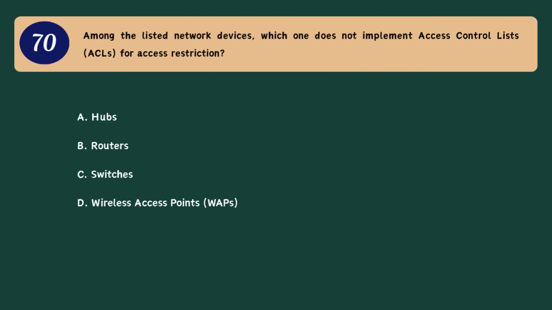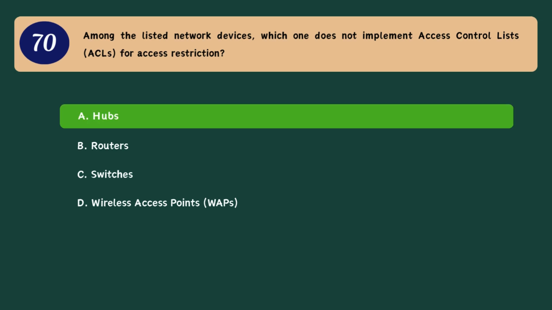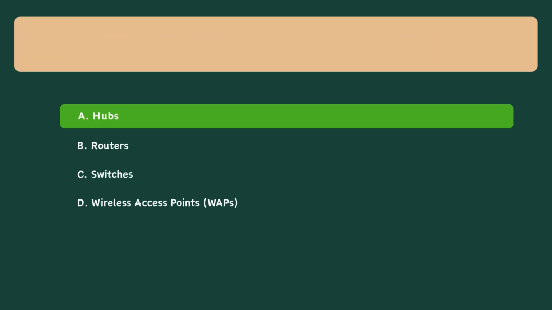Question 70. Among the listed network devices, which one does not implement access control lists for access restriction? A. Hubs. B. Routers. C. Switches. D. Wireless access points. Correct answer. A. Hubs.